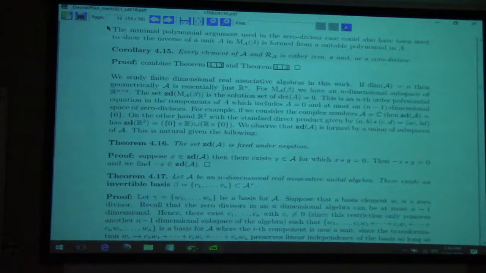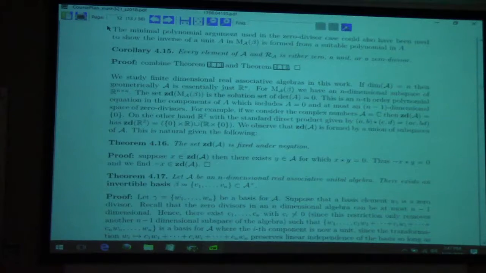One of the interesting things about zero divisors is what? Well, the zero divisors of A are the solution set to the determinant of an arbitrary regular representation being 0. So that's an n-th order polynomial equal to 0.